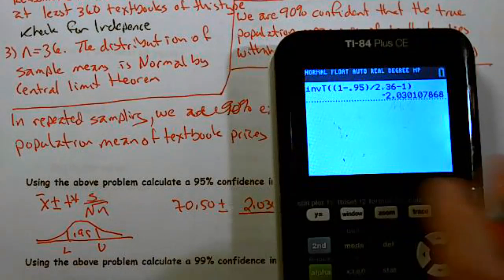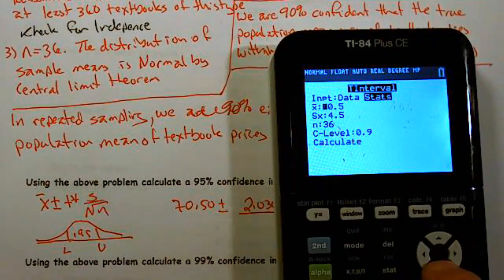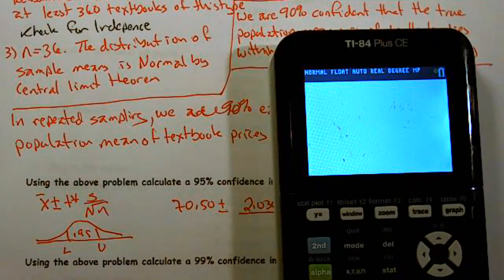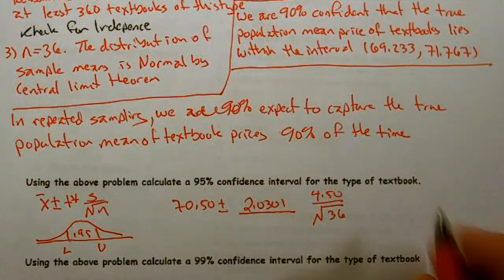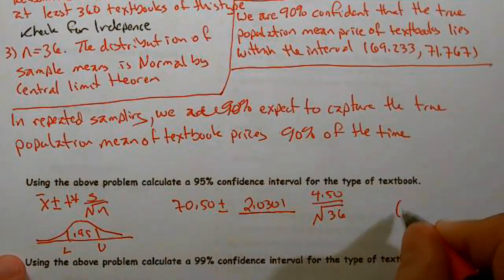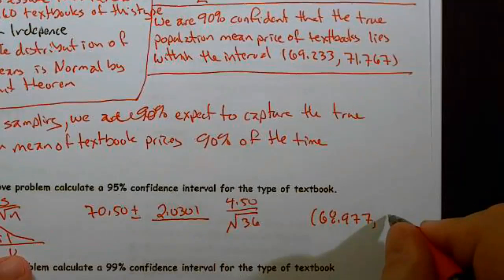And then I'm going to rerun this thing, stat test, T interval, which is number 8. And I just need to change my confidence level to 0.95. And I end up getting an interval of 68.977 and 72.023.